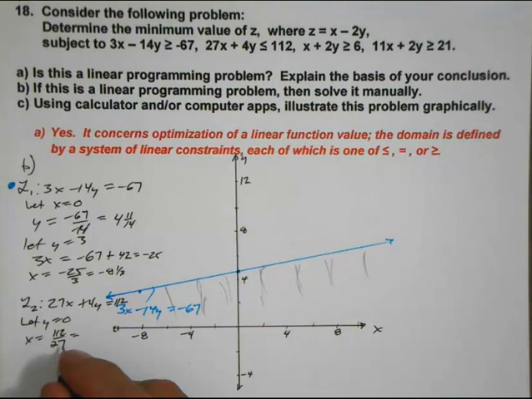Let's see, multiples of 27. 4 times 27, 108. Okay, so this becomes 4 and 108. That's 4 left over. 4 and 4 27ths. A little more than 3 27ths, which would be 1/9. Okay, and this is maybe 4.2 or something like that.